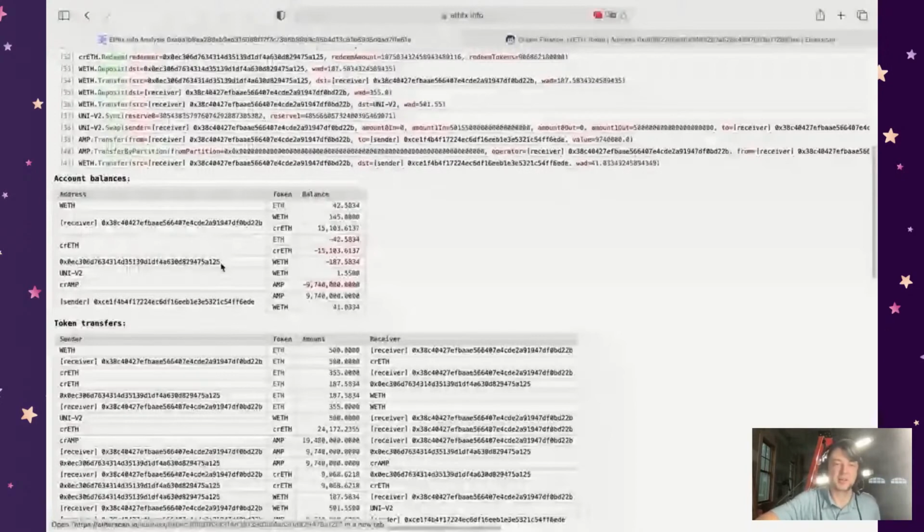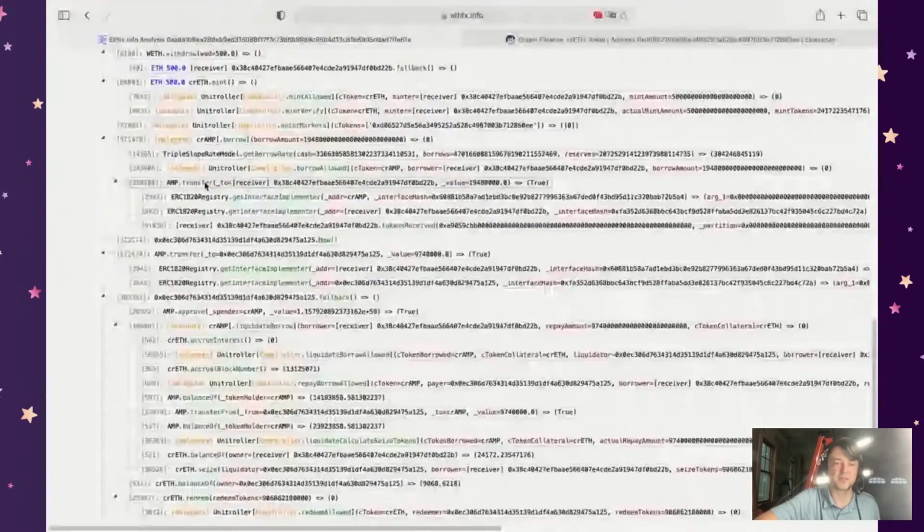Now, this took me a while to figure out last time, or actually other people figured it out first. But if we look here, when this transfer happens, it's actually calling the attacker contract. Right here is a call back to the attacker contract during this AMP transfer.